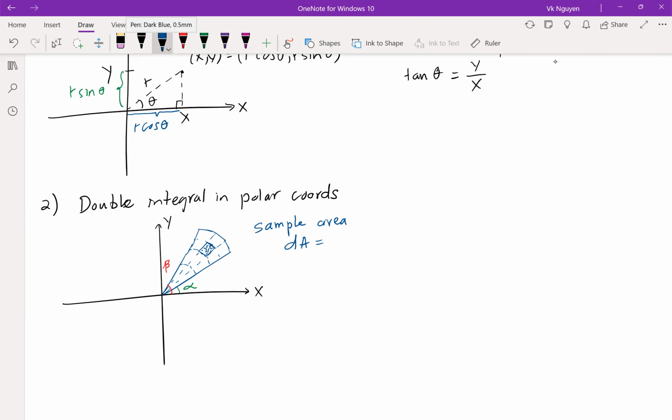There's going to be a change in the radius and a change in the arc length. So this side right here is dr, the small change in the radius, and this one is the small change in the arc length. Anybody remember arc length?